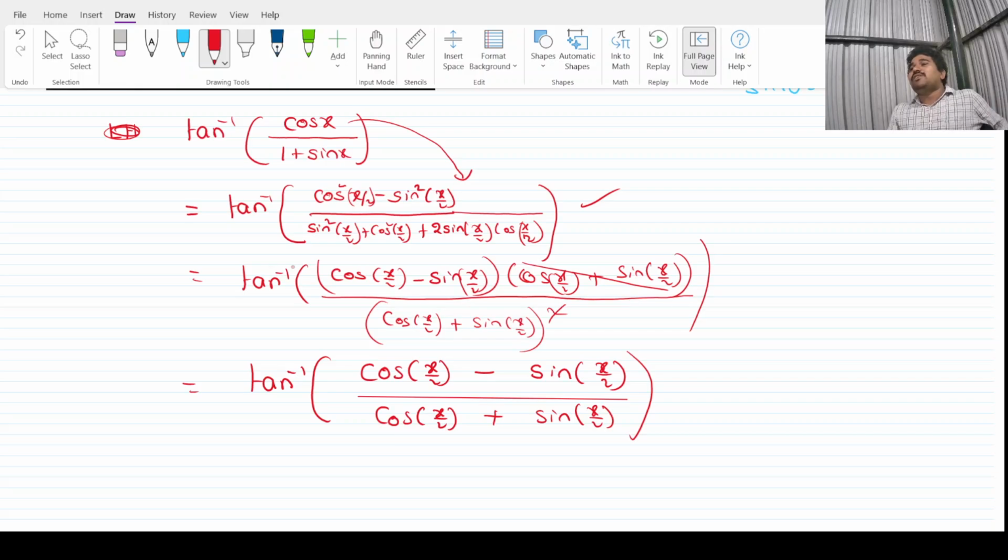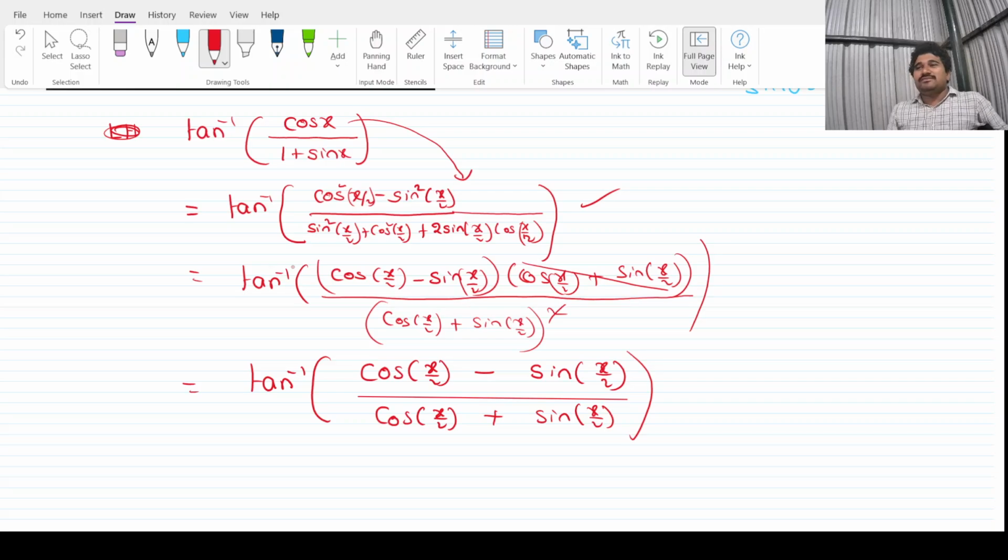Cos x in terms of half angle, I said you should recognize that formula. Write the formulas. Cos x is cos square x by 2 minus sin square x by 2, the first formula.